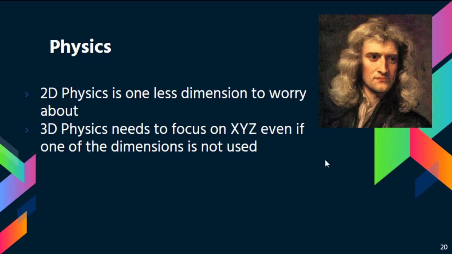And then with 3D physics, you need to keep track of everything, even if it's something that's not being used. Like in Metroid Dread, they probably had to keep the Y rotation still, and one of the axes still, just so the player doesn't accidentally go towards one direction, like going closer to the camera.